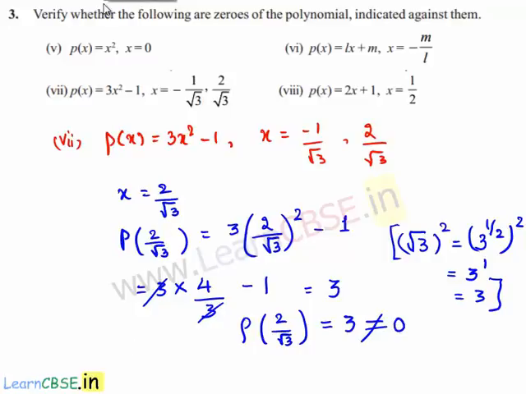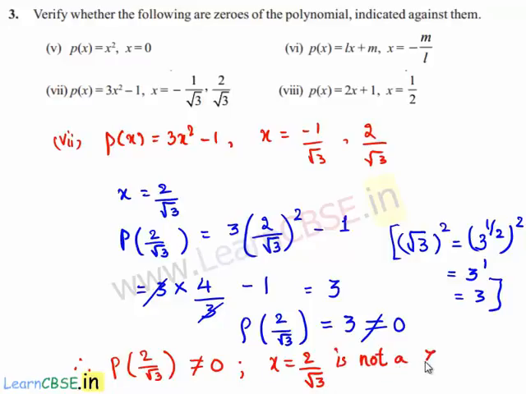Then we can say that P of 2 by root 3 is not equal to 0. Hence, x is equal to 2 by root 3 is not a 0 of the given polynomial.